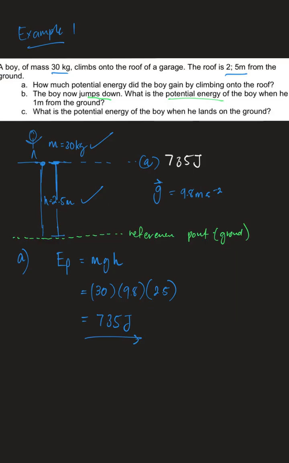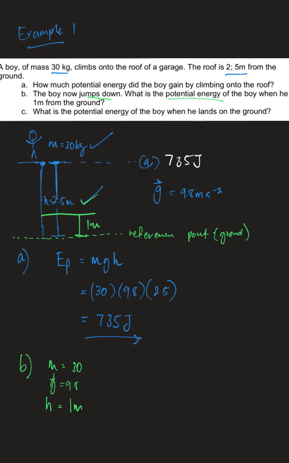So if this distance here is 2.5 meters, then I need 1 meter off the ground. So that's 1 meter. So if I'm looking at B, my information is a little bit different. I've got mass here still at 30. I've got g, which is still 9.8. But I've now got a height equal to 1 meter, not 2.5 meters.